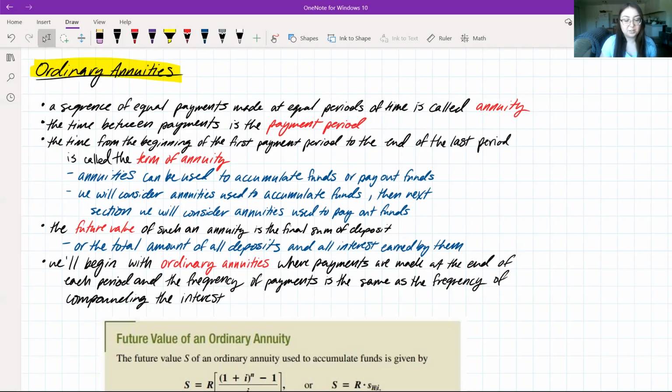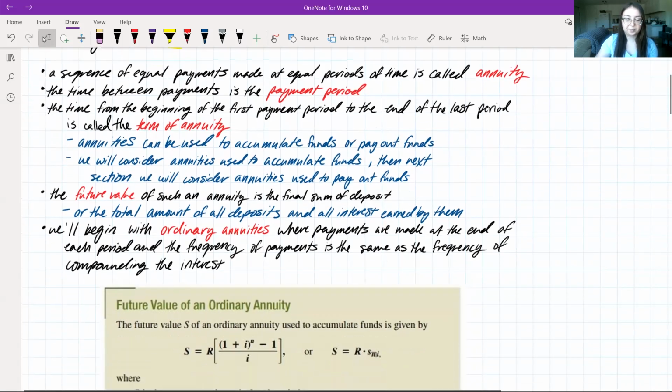So the future value of such an annuity is the final sum of deposits. However much you've deposited into a bank account or something along those lines, that's going to be your future value. It's considered the total amount of all deposits and all interest earned by them. So not just what we deposit, but also the interest earned on it.